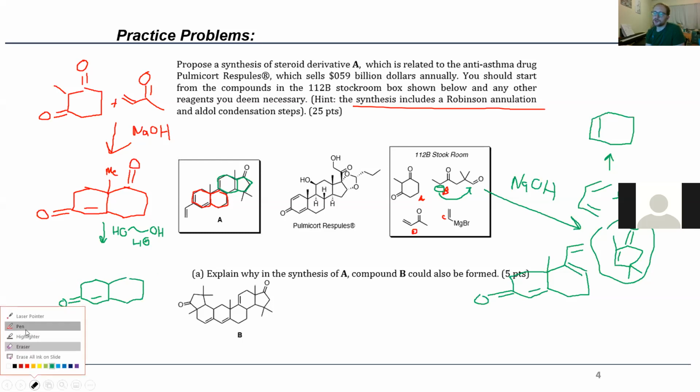Now I've done this so that we can essentially deal with these 2 groups separately. I think there are some shorter answers that you could come to that would avoid this step, but would be less selective ultimately. So I'm just going to propose the most selective synthesis. And then what I'll do is form the vinyl triflate from this here.